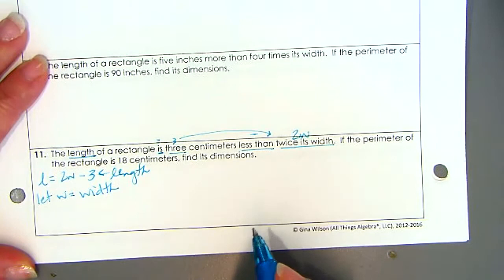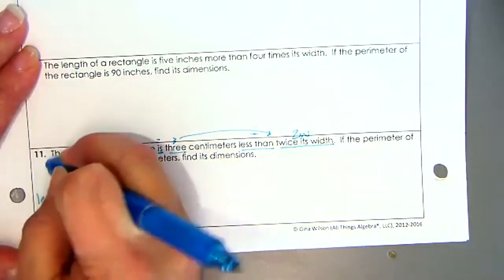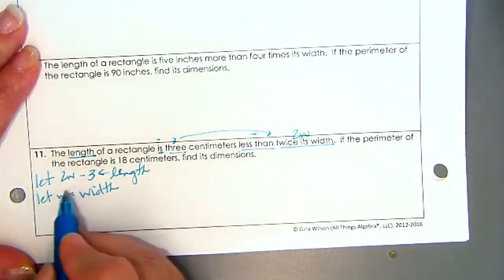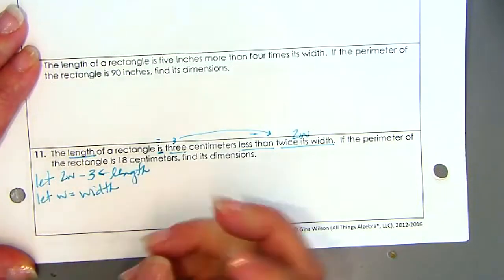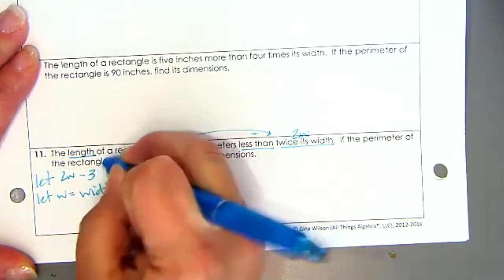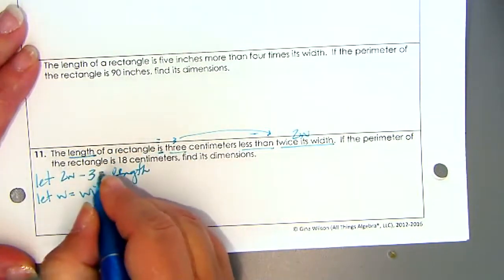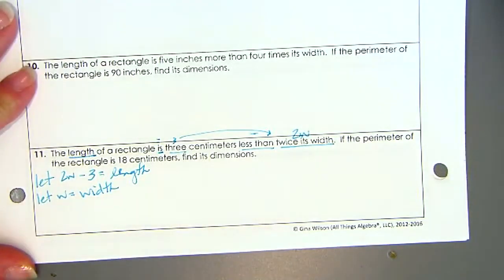And then we'll say let 2W minus 3 equal the length. Sometimes it's kind of easier to work like this.